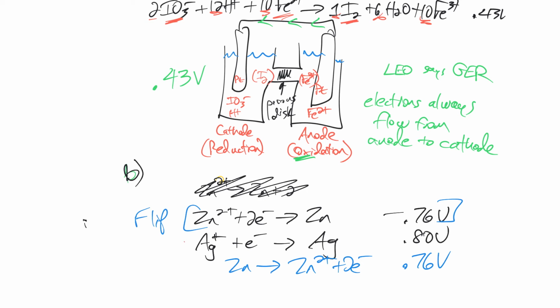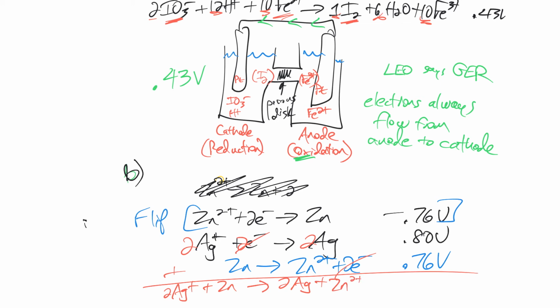We'll have to double the coefficients in the silver reaction so that the number of electrons crosses out when you add the two half reactions together. But that does not affect the voltage. Total voltage is a positive 1.56.